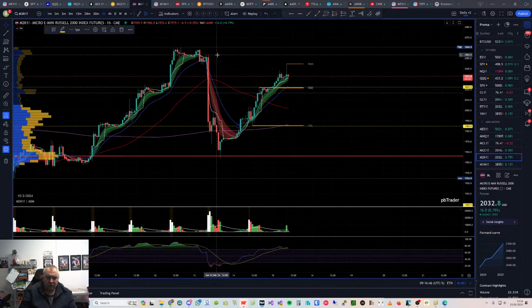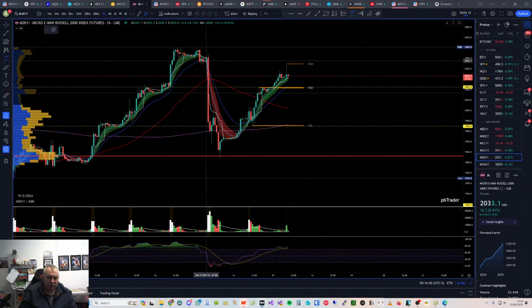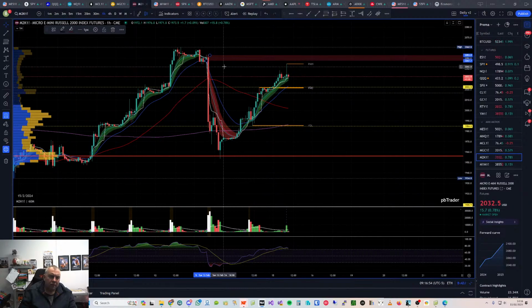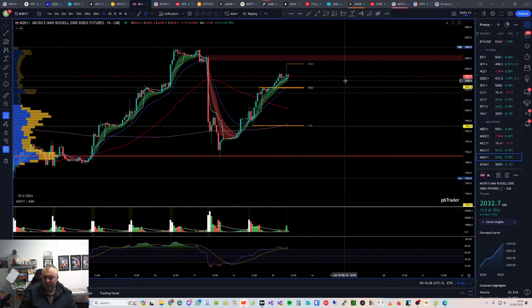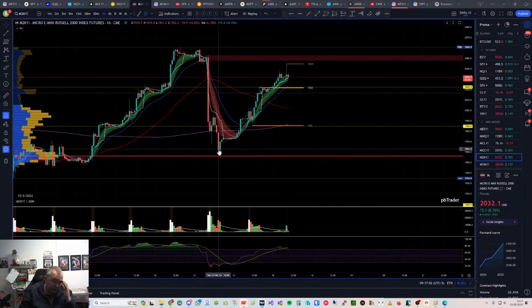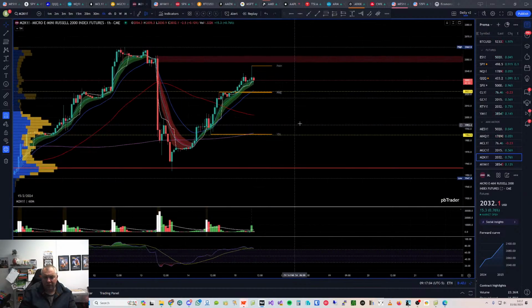And rejection wise, let's draw in a supply zone. So we're kind of watching this area 2050 for rejection, and that's an area of supply. And we've got our area of demand down here, big area of demand, so I won't draw it in yet. That's it really for that one.